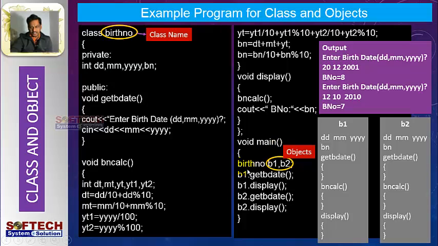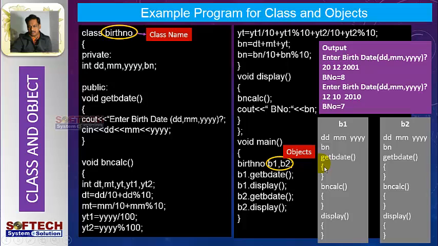In the main function, birth number is the class name. B1 and B2 are objects. So B1 is a copy of birth number, B2 is also a copy of birth number. B1 takes a copy of all members from the birth number class: dd, mm, yy, bn, getDate, Pn calc, display. It takes a copy of all members with their definitions.